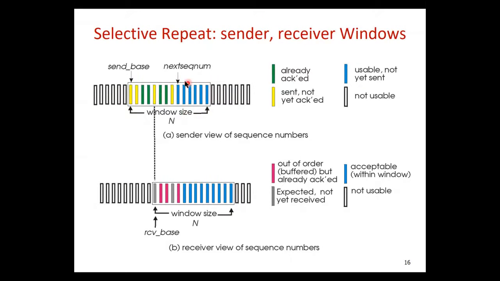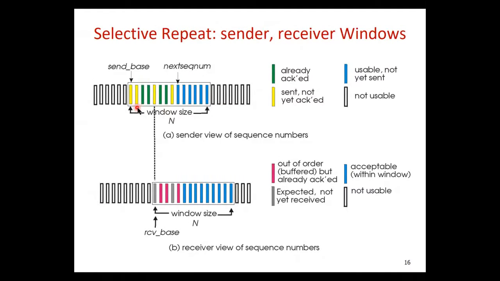Okay, so now we can see that there's a difference with Go-Back-N, because in the case of Go-Back-N, we only had two types of numbers in the window. We only have yellow and blue, if you remember. Yellow meaning sent, not yet ACKed, and blue means usable, not yet sent.